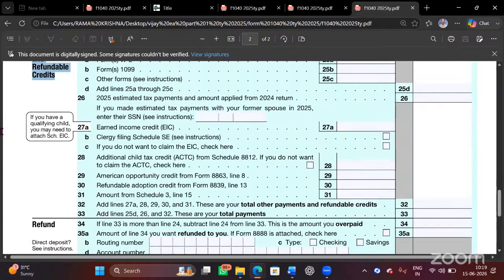These are the various types of credits. Item number 26, 27, 28, 29, all these are various types of credits.